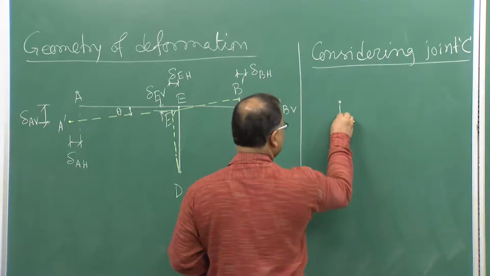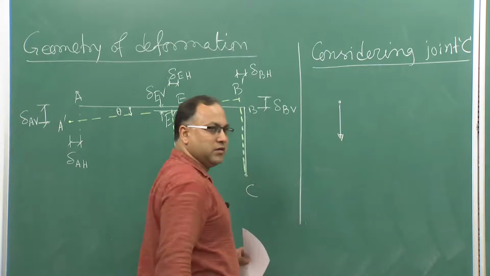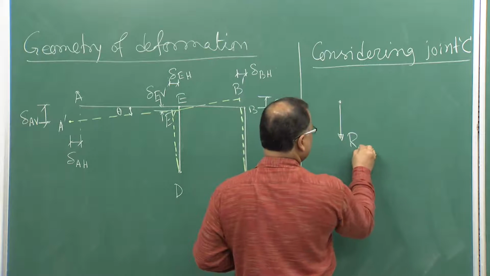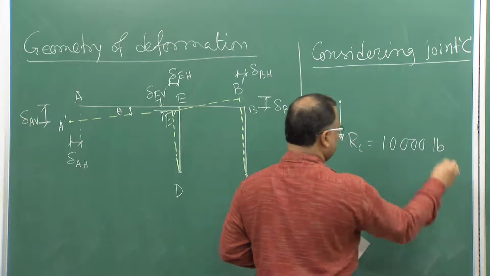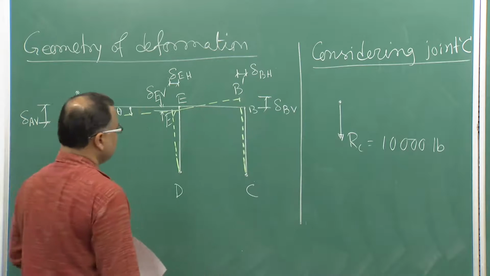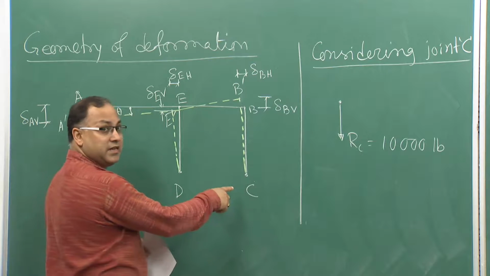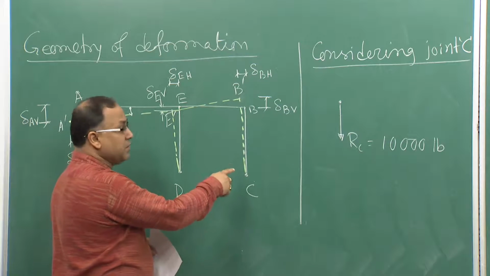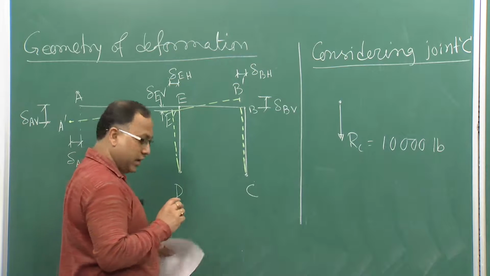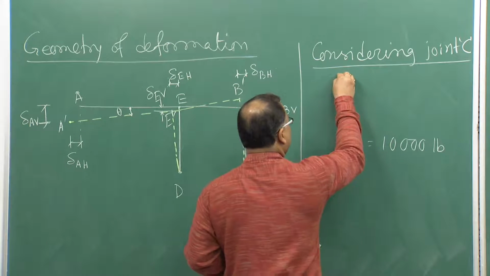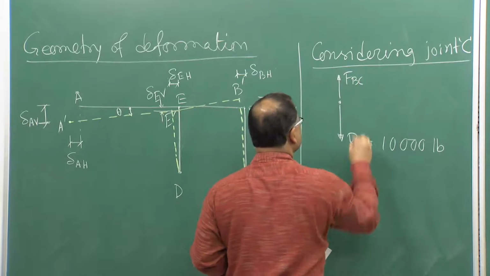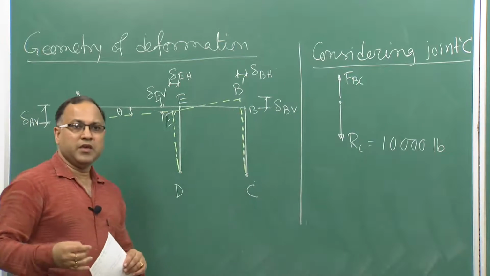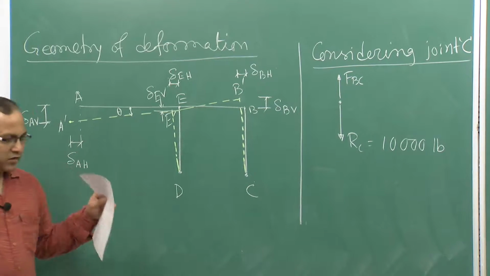Now, RC I can show vertically downward, which is equal to 10,000 pound. The member force in BC is also acting, so I am showing BC coming away from the joint, that means we are considering tension.